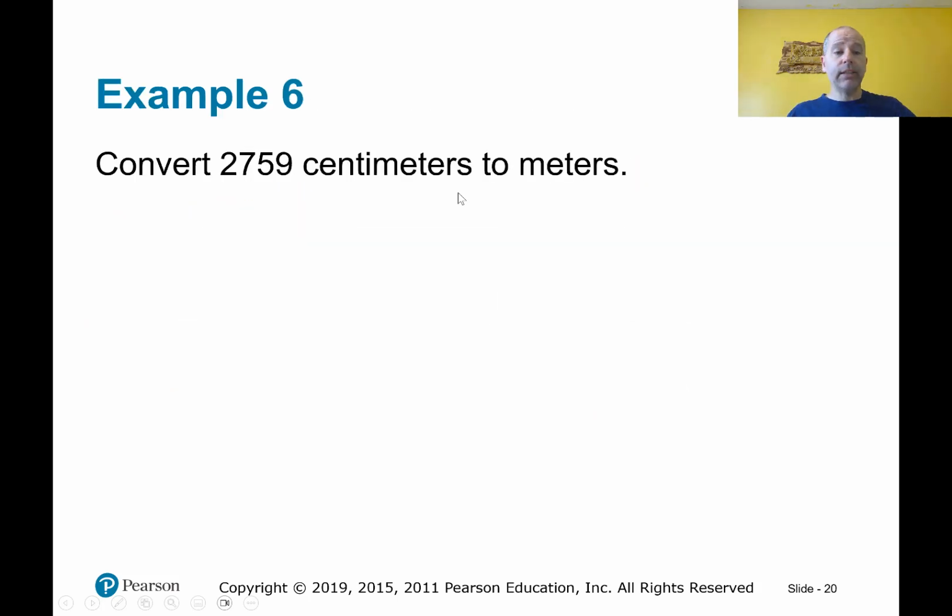Okay, now let's convert 2,759 centimeters to meters, right? So the key here is the prefix. The unit is meters, right? Centimeters are smaller than meters. So the centi is telling us how many centimeters are in a meter.